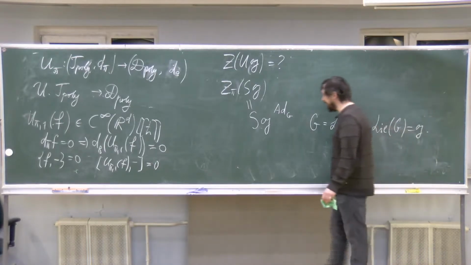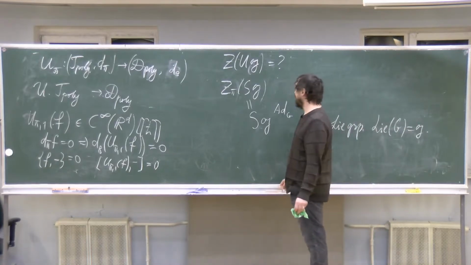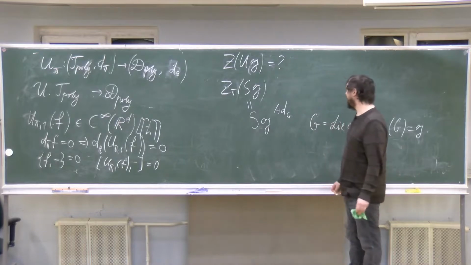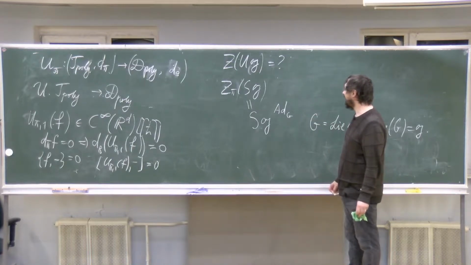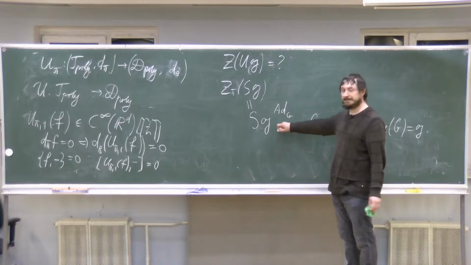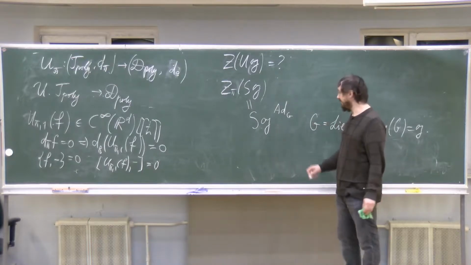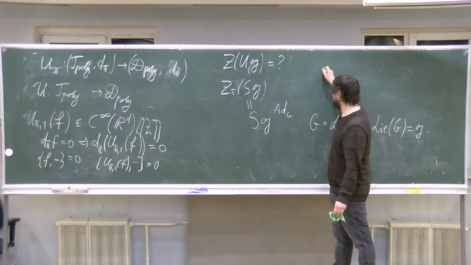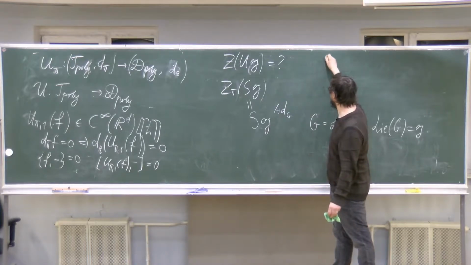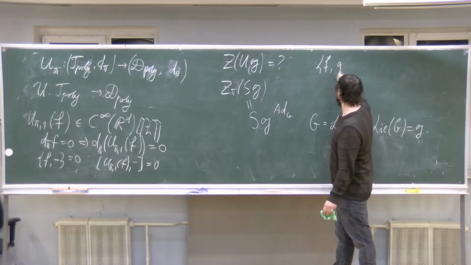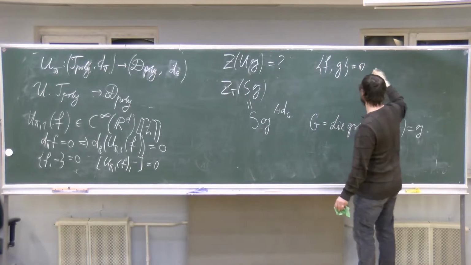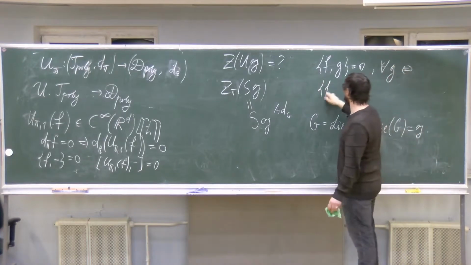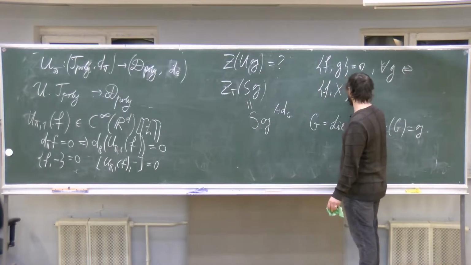Right? Nice. So we are almost there. So let me explain why this is so. Actually, an element here commutes with everything, {F, G} is equal to 0 for all G, if and only if F commutes with all linear functions.